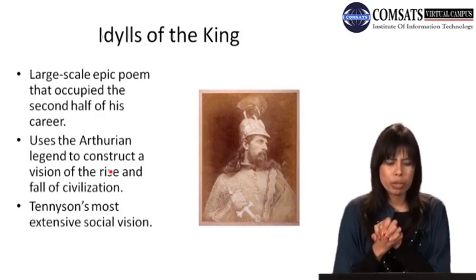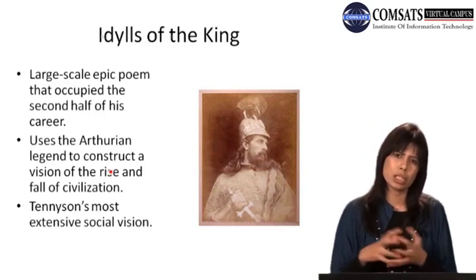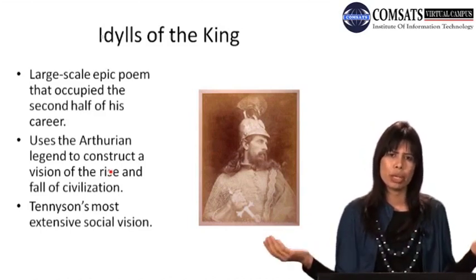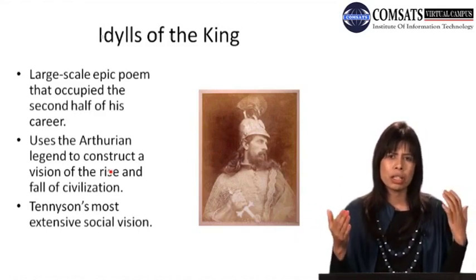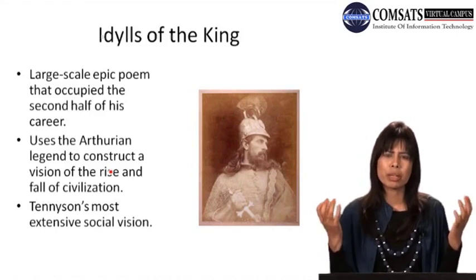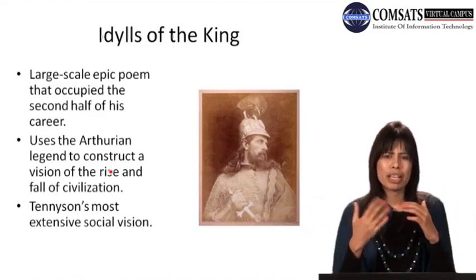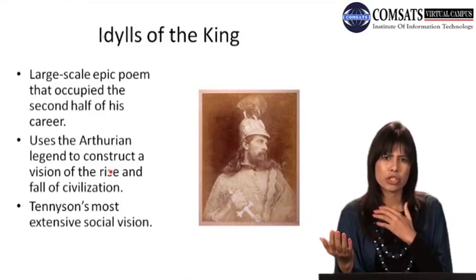It uses Arthurian legend to construct a vision of the rise and fall of civilization. So this is again about civilization. As I told you, most of his later poems are about national issues and patriotism as well. Here you can see his vision of the rise and fall of a civilization.